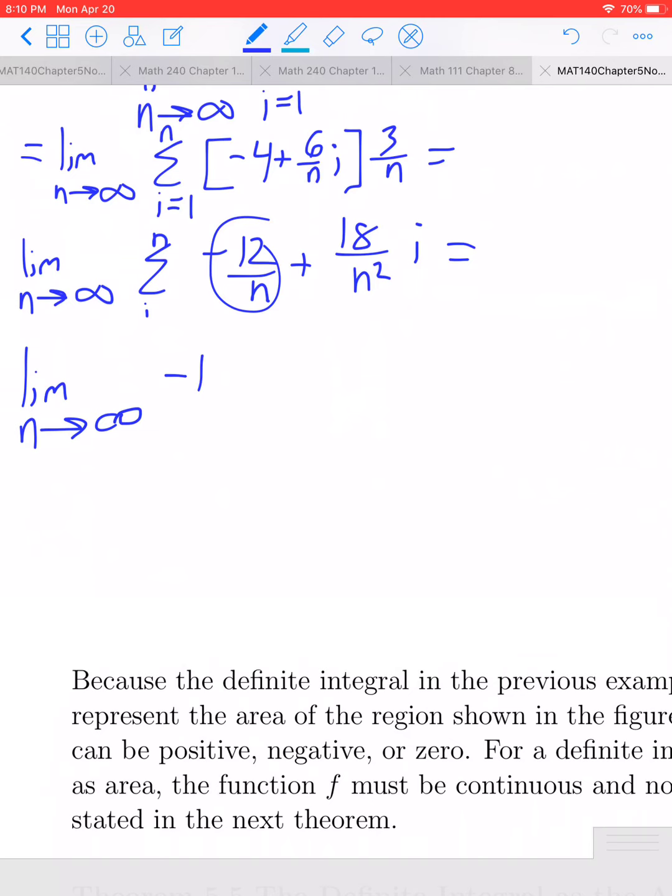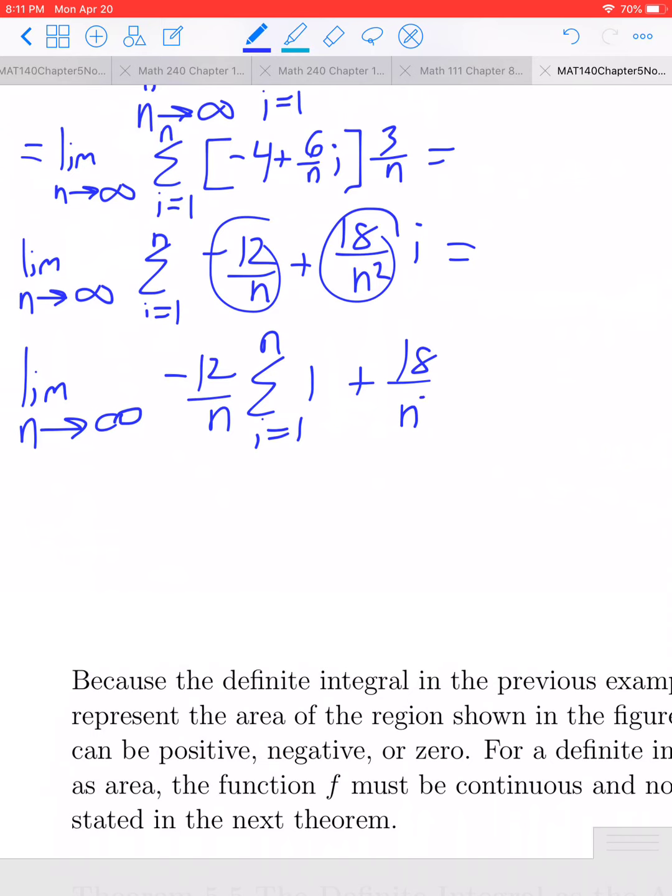So we're going to get negative 12 over n, the sum from i equals 1 to n of essentially just 1, plus, again, with respect to the index of summation i, this is a constant. So it's going to be 18 over n squared times the sum from i equals 1 to n of i.